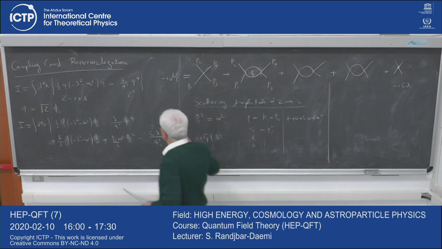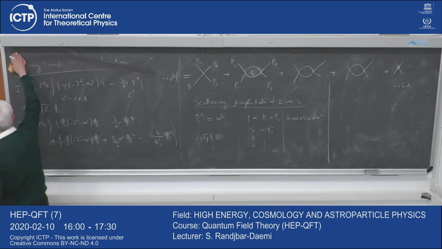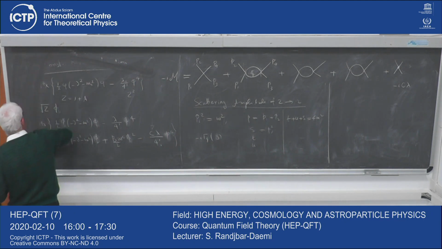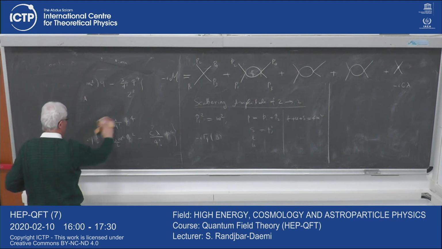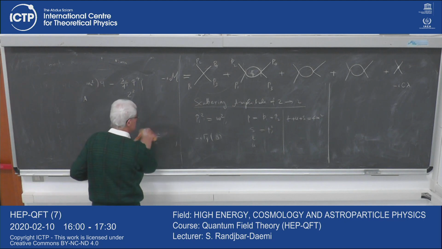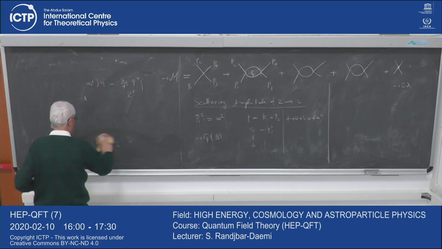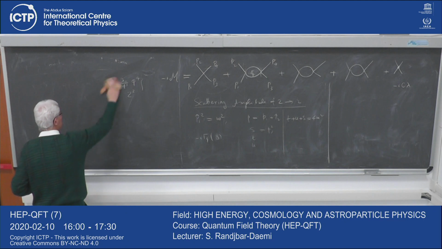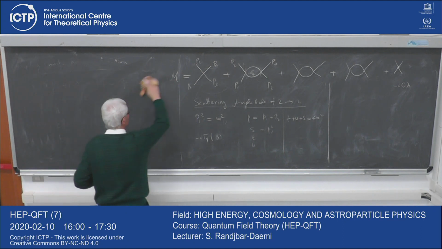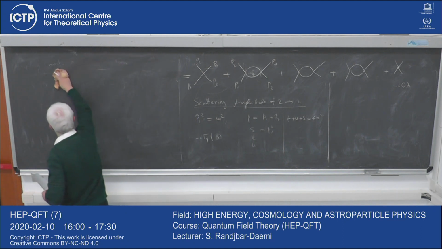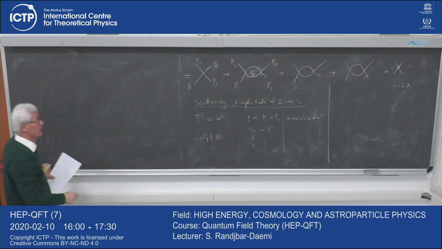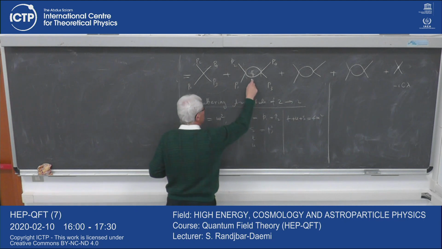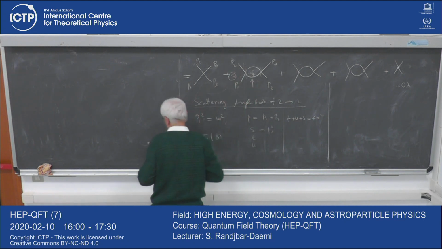So let me erase this part of the blackboard. Apply the Feynman rules to the first graph. You don't need to do it separately for the other graphs, because they are obtained from each other simply by changing s to t and t to u. So for the first graph, there is s, the total center of mass energy.